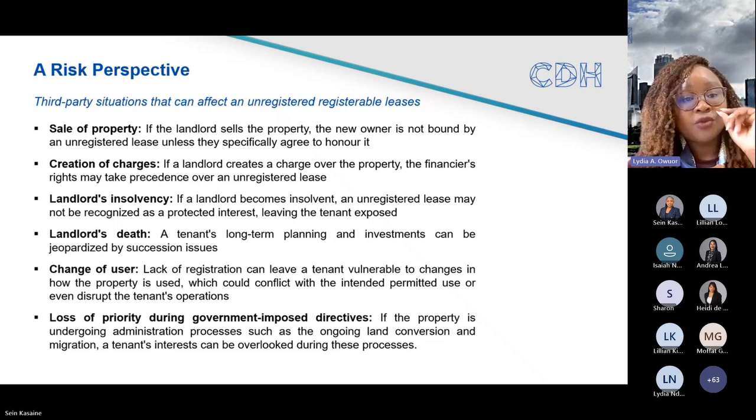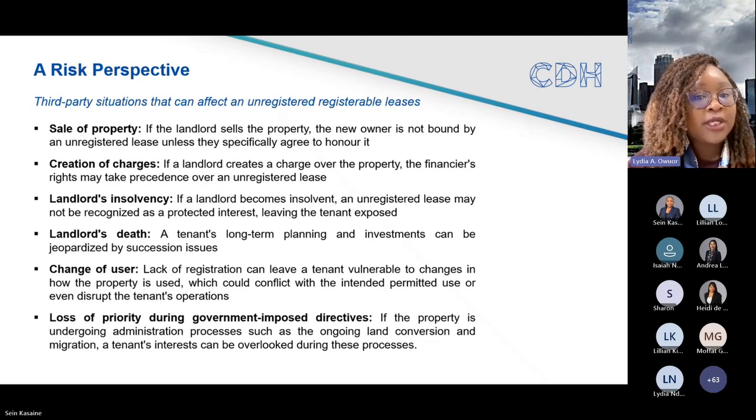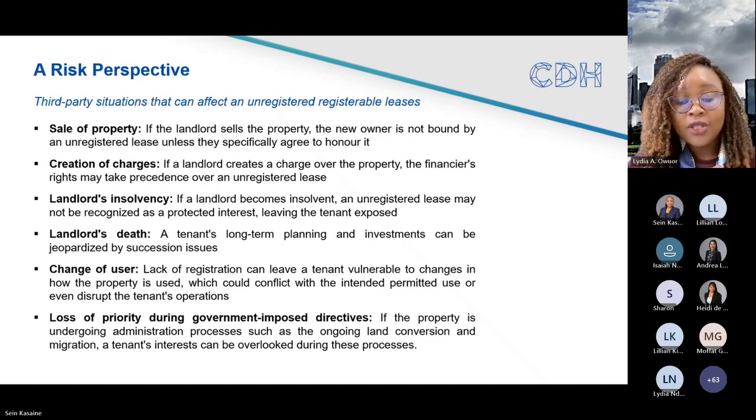Now, the next issue is the landlord's death or demise. A tenant's long-term planning and investments can be jeopardized by succession issues. This is one aspect that I always remind my clients not to overlook.